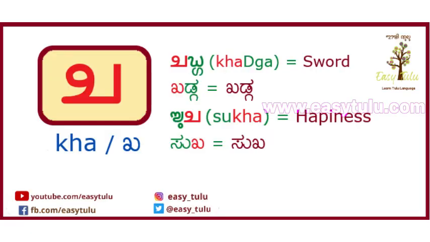Okay, next one is Kha. This is the aspirated Ka used to write Sanskrit words. Examples: Khadga. Khadga means sword. Also Khadga in Kannada. Sukha.